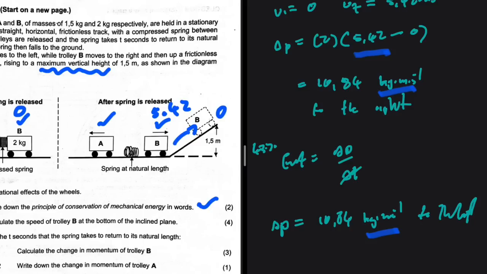Right. I think the impulse will be kg meters per second, but the change in momentum will actually be newtons multiplied by second. So let me know in the comments, which SI unit did you use? Did you use kg meters per second, or newtons multiplied by second?